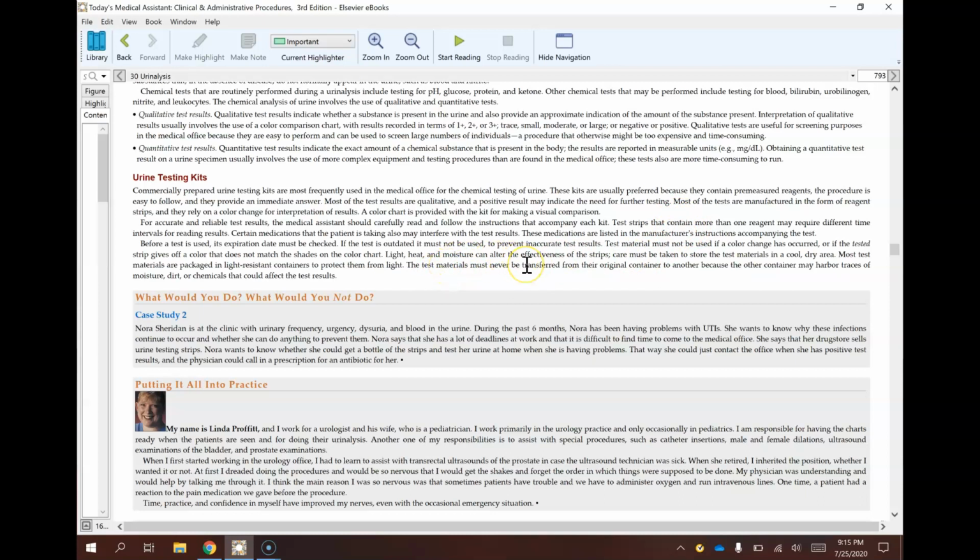Okay. If you are in an office where they have the involved urine testing kit, you need to make sure you are familiar with how to use that specific test. Different offices use different test kits, and as a result, you want to be familiar with the one that your provider is using.